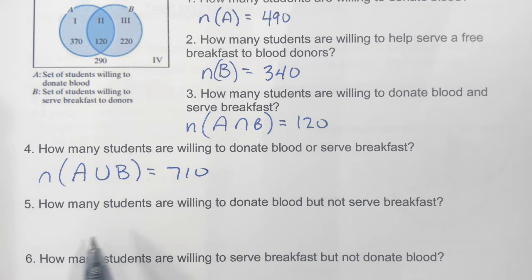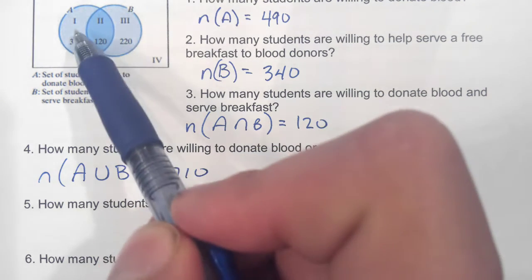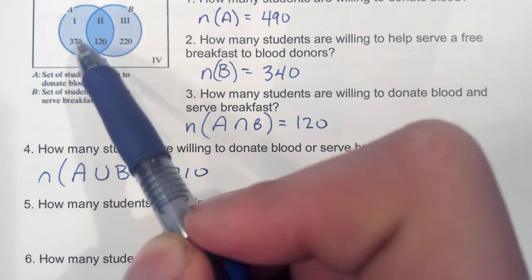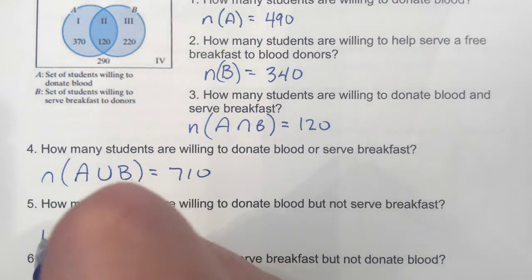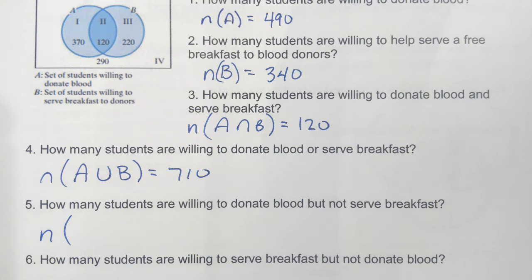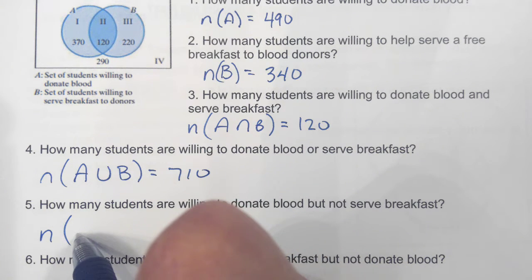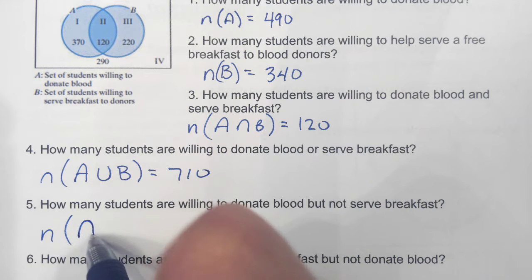Okay, how many students are willing to donate blood but not serve breakfast? So not, I see that word, that's going to be the complement. So they want to donate blood, but they do not want to serve breakfast. So that's just right there in region one, right? That's where they donate blood, but they do not want to serve breakfast. So how do we put that in symbols? They're willing to donate blood, so that would be A, right?